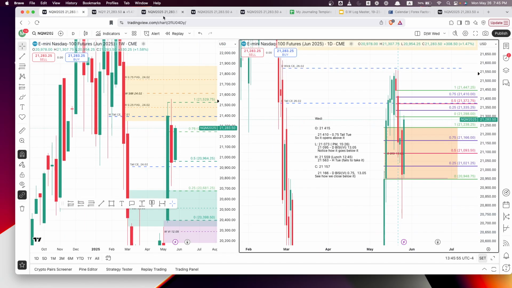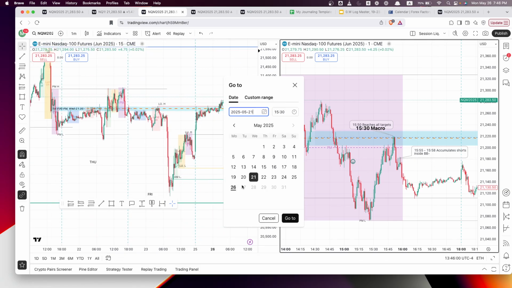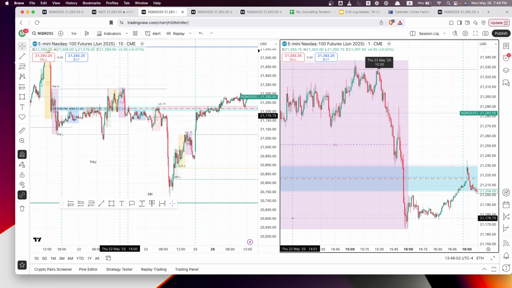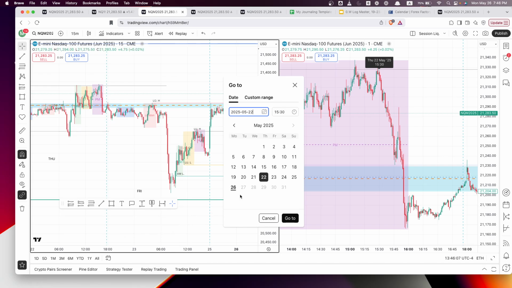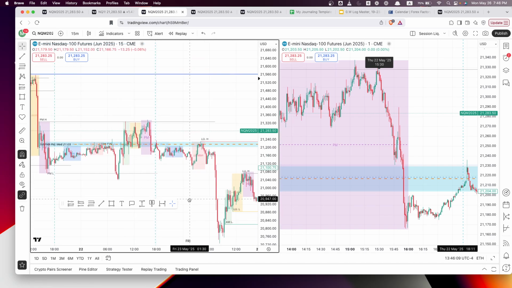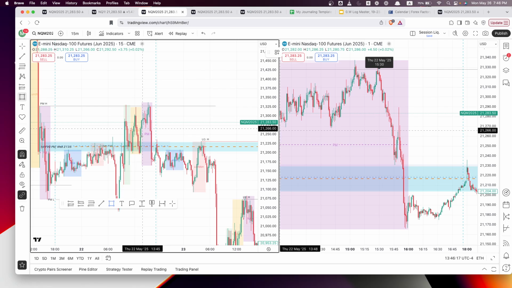I think there was a 15 minutes fair value gap that we could have also aimed for. Let me see. So 15:30, this was the divergence. Yeah, it was this 15-minute fair value gap.